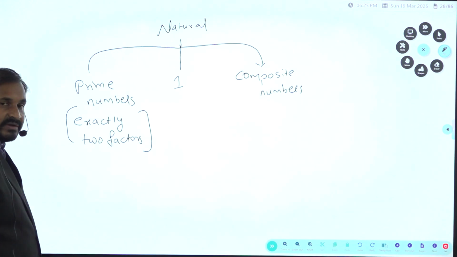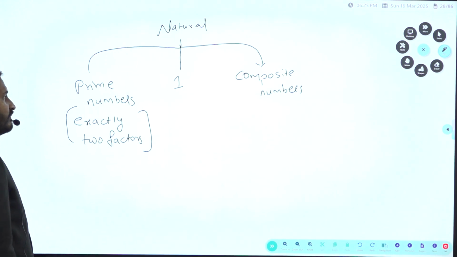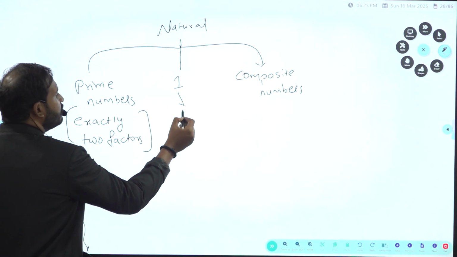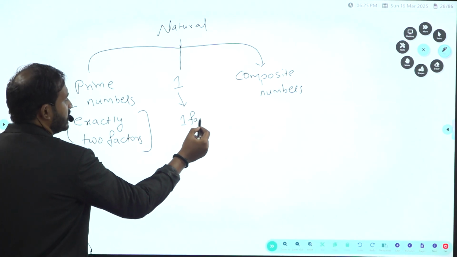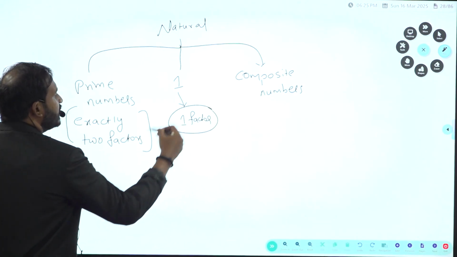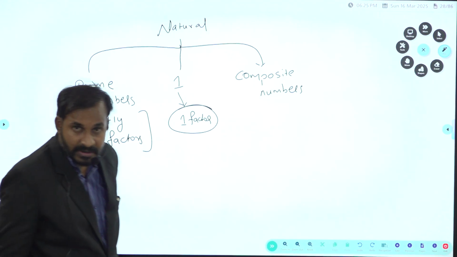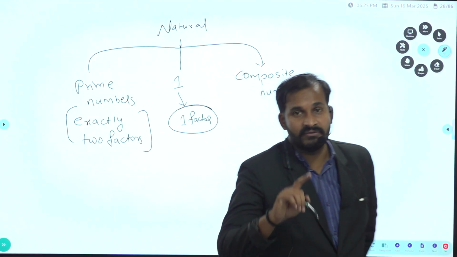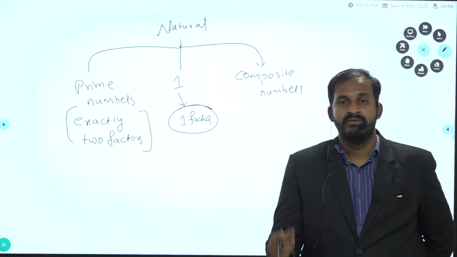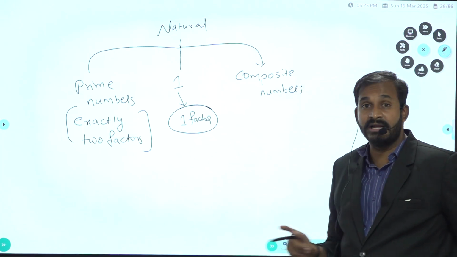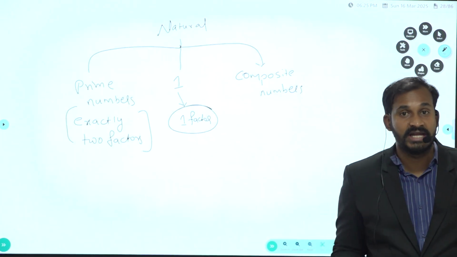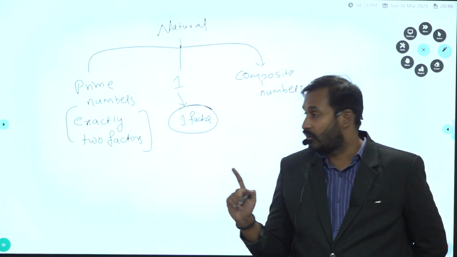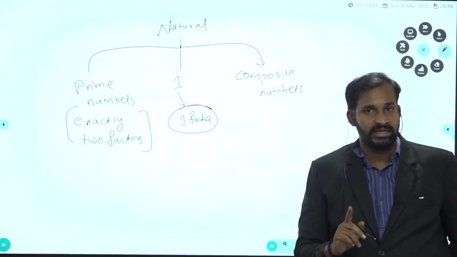Next, 1 has only 1 factor, that is 1 itself. So 1 is neither prime nor composite. Remember this, because later while substituting the values or verifying things, it will matter a lot. You should not include 1 in any category.